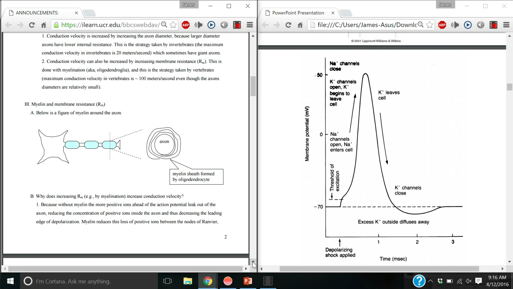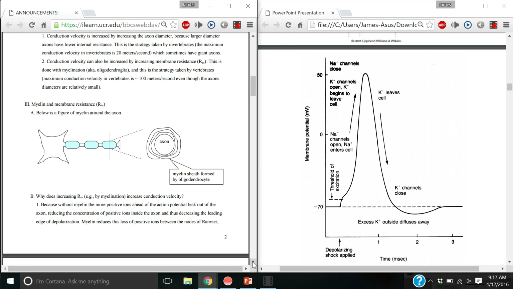But in a myelinated axon, even though the diameter may only be 1/100th of the squid giant axon, it has action potential conduction velocities of 100 meters per second, the fastest known. So if you had a myelinated axon from one end zone to another at 100 meters per second, instead of taking 5 seconds to travel from one end zone to another, it would take 1 second.